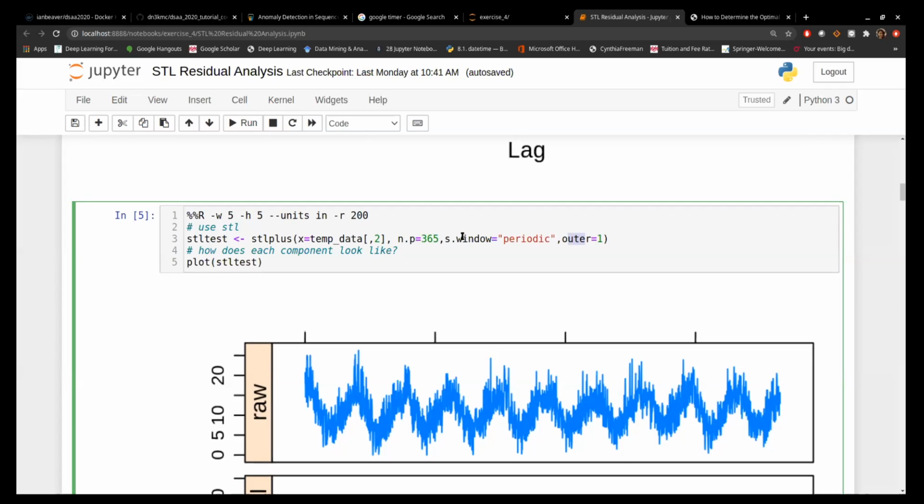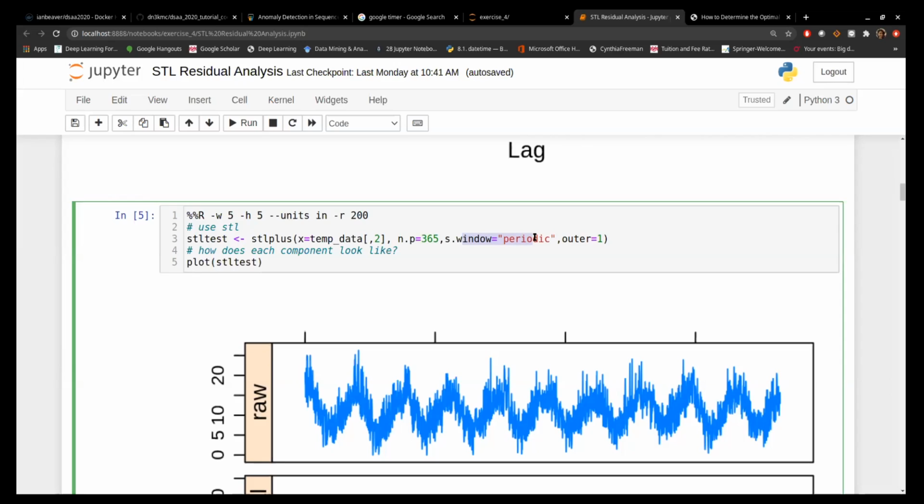And this s.window, periodic: s.window controls how rapidly the seasonal component can change. So small values allow for more rapid change. If seasonality is more constant, use a larger value. So I set the seasonal window to be periodic because I think the seasonal component is going to be identical over time.